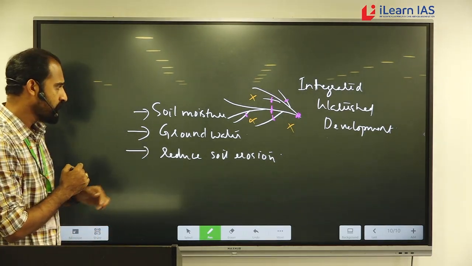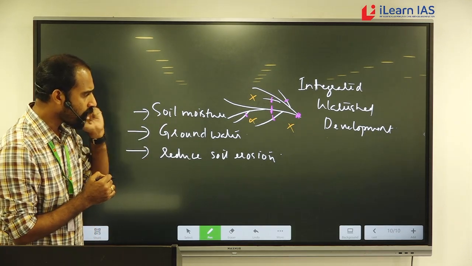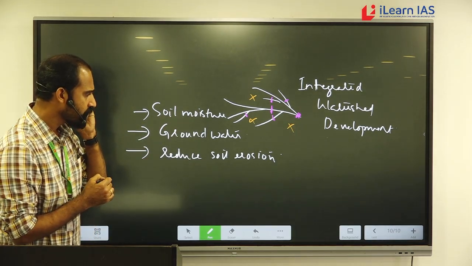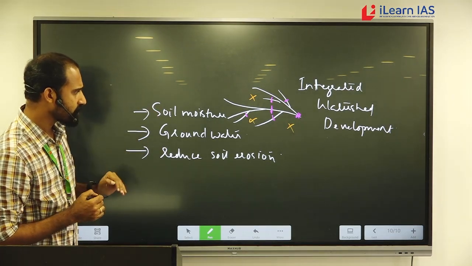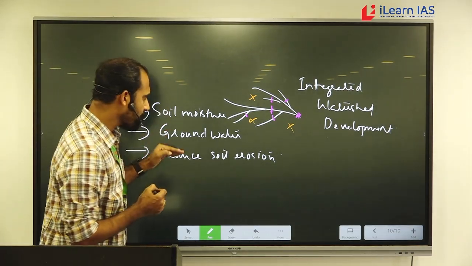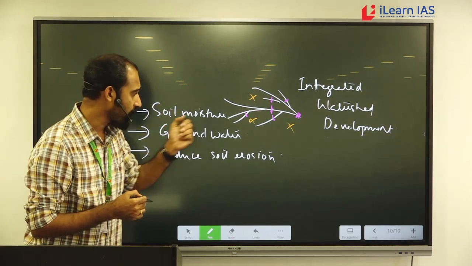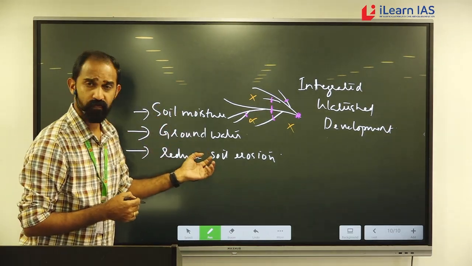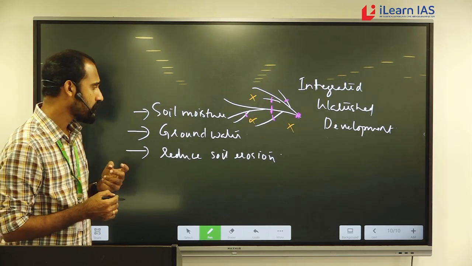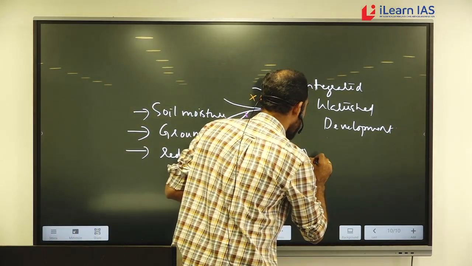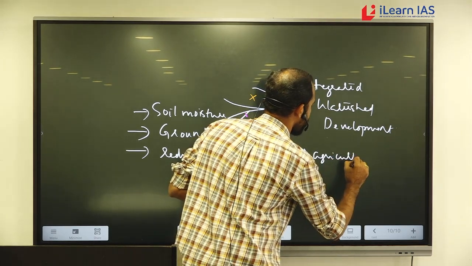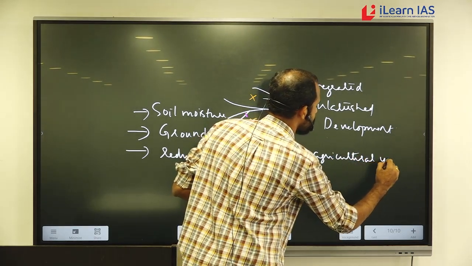And when we address these water related issues, we can see that there will be more water available for plants. There will be more fertile soil available for plant growth. Therein, it helps in the increase in agricultural prosperity or agricultural yield.